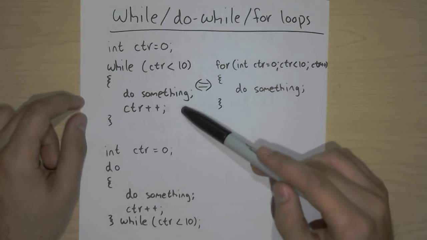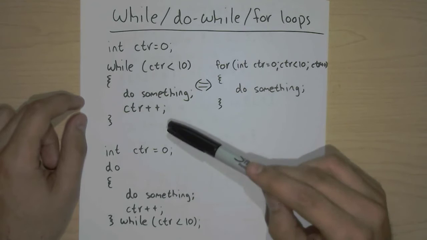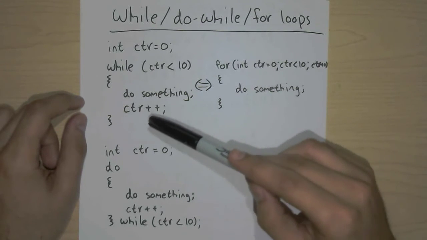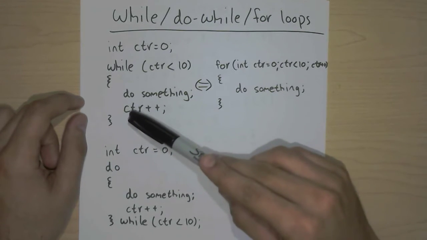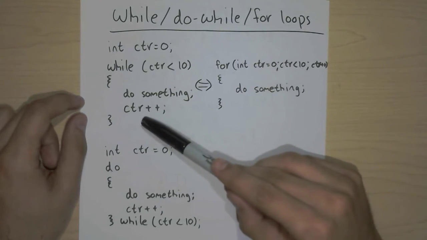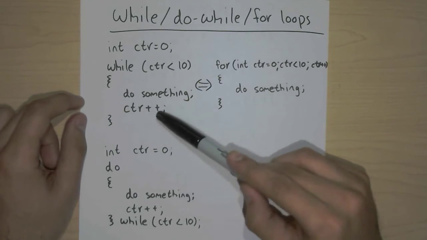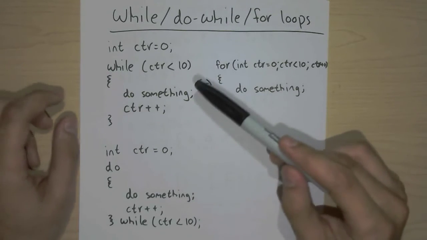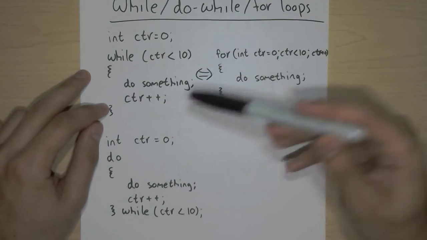Java developers and developers of other languages came up with another shortcut, a so-called shortcut to a shortcut, where instead of having to write counter plus equals 1, you can just write counter plus plus, and that just says take counter's value, add 1 to it. That's it. You can also do counter minus minus, which is the opposite. It subtracts 1. But those are the only two shortcuts of a shortcut that you can actually do. So you might find that more convenient.